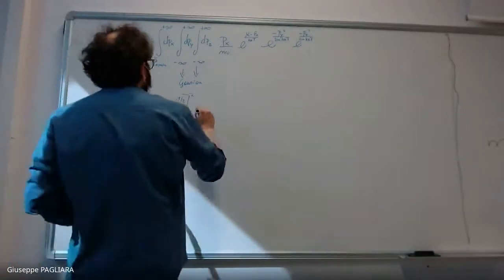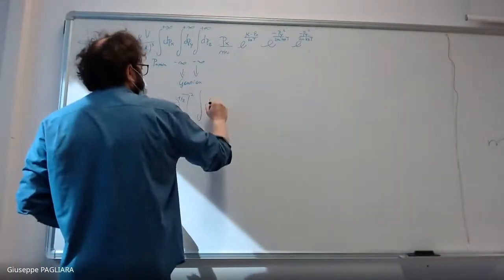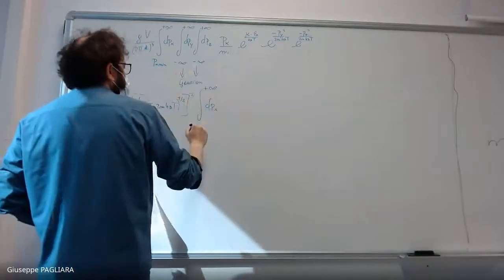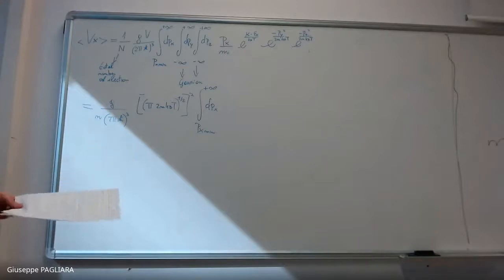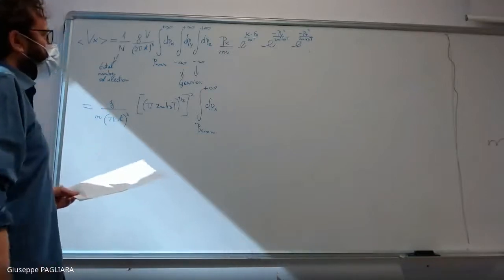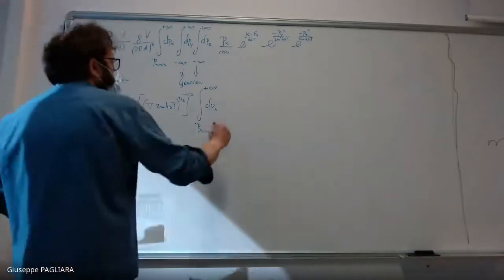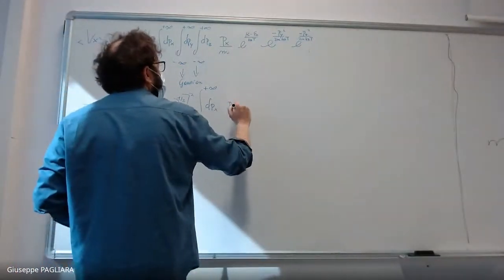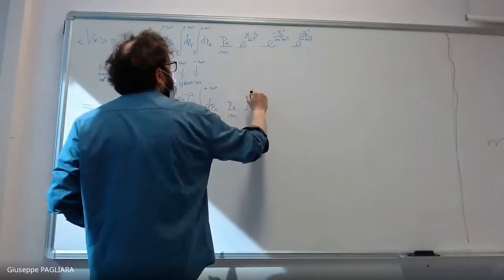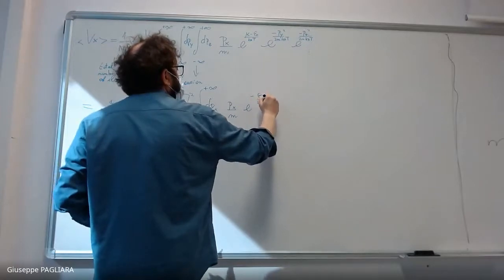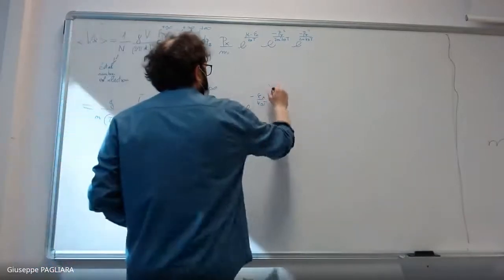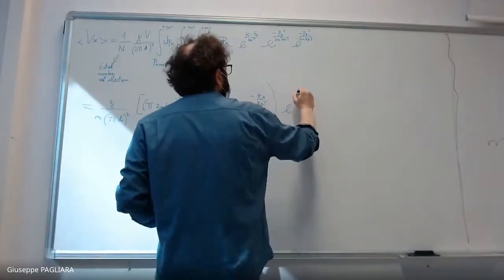Then I'm left with the integral over dpx from px min to plus infinity of the exponential, which can maybe be taken outside. Okay, let's do it afterwards. So here I have px divided by m, and the exponential of minus epsilon x divided by kBT, and then everything times the exponential of mu.